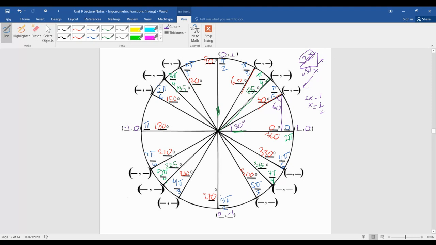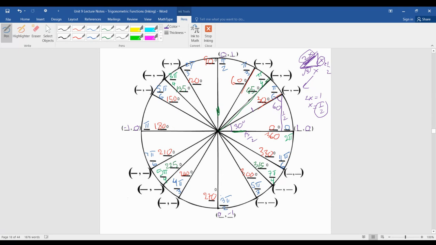This opposite side, which is x, is 1/2. And we know that this hypotenuse is 1. So this adjacent side is root 3 times 1/2, which is root 3 over 2. So this would be 1/2, this would be 1, and that's root 3 over 2.